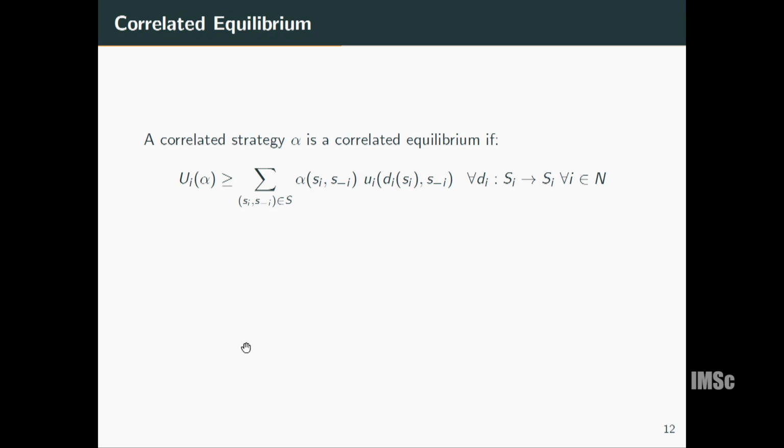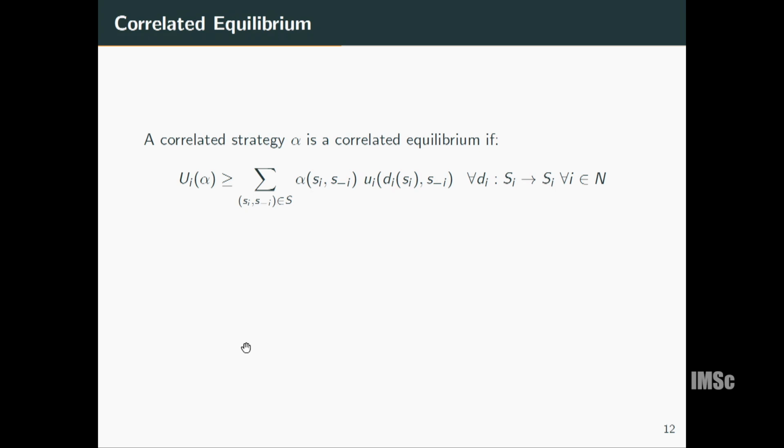What you want is, when I am talking about unilateral deviation in the correlated strategy where alpha is the correlated strategy, I am assuming again single player deviation. That means all the other players in this coalition are playing according to alpha. I am just thinking whether I should deviate or not. So, when you take the probability distribution, it is alpha(si, s-i). And Di is a function denoting the deviation.